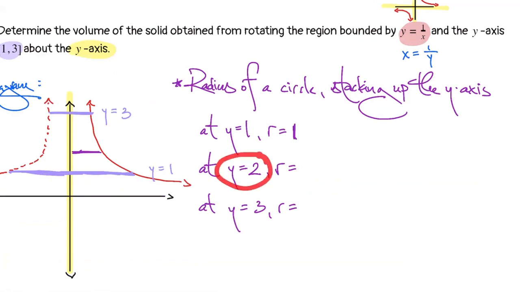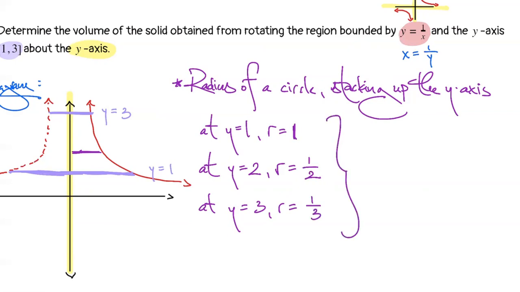So at y equals 2, the radius is going to be 1 over 2, or 1/2. At y equals 3, the radius is going to be 1/3.